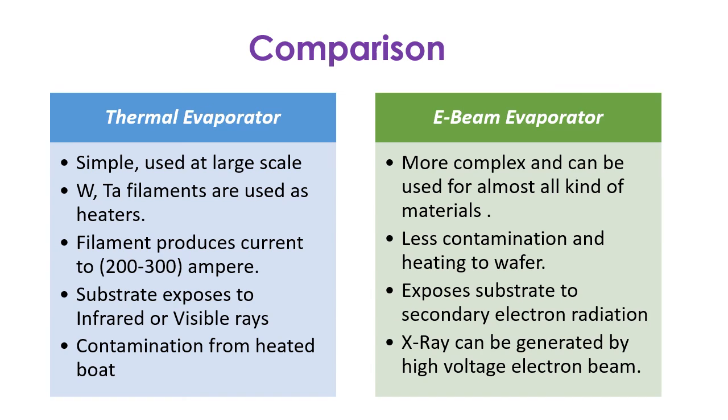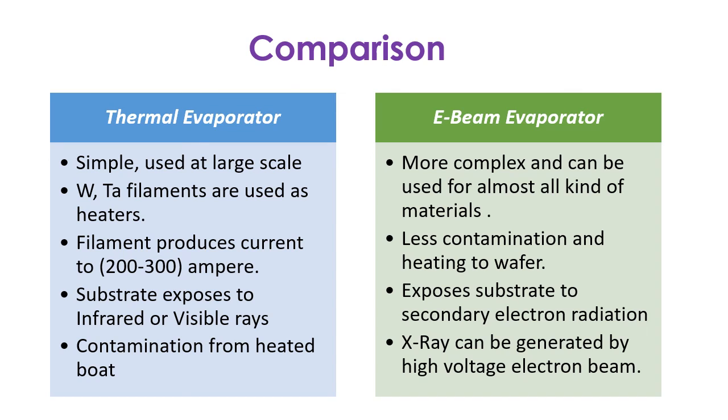The filament can produce current around 200 to 300 ampere, and the substrate will be exposed to infrared or visible rays. In the thermal evaporator, there is contamination from the heated boat. The e-beam evaporator is more complex, but it can be used for almost any kind of material.